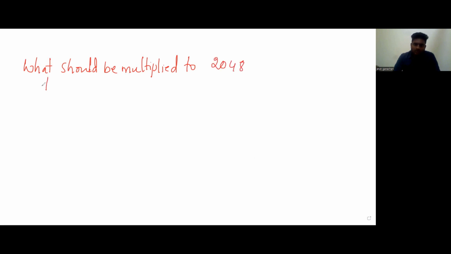What should be multiplied to 2048 to make it a perfect square? Right now it is not a perfect square. So the question was, what should I multiply it with to make it a perfect square?